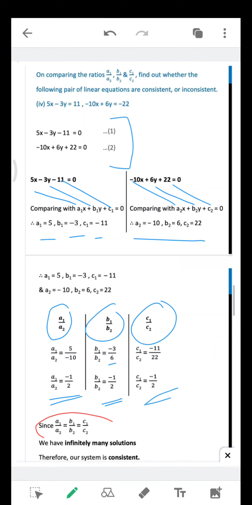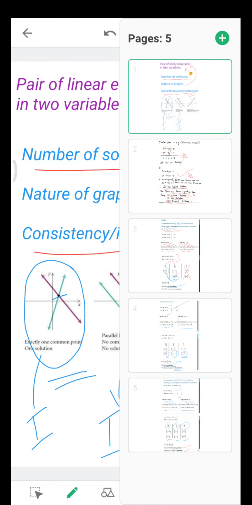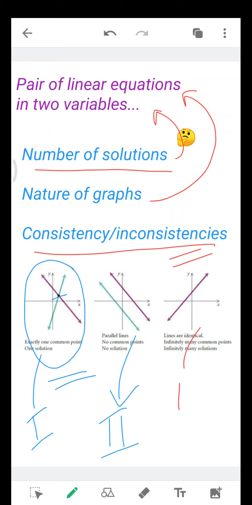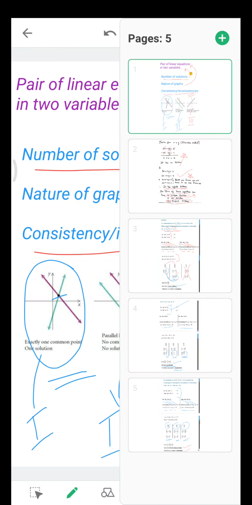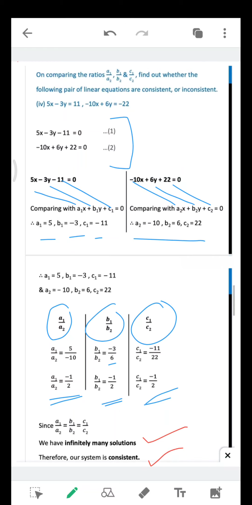So when this condition exists, we say that this type of equations have infinitely many solutions, because these both are nothing but one equation and our system is consistent. When you draw the graph of this, how will be the graph? The lines will be coincident lines, because both the equations are same. How are they same? Let's see once more.